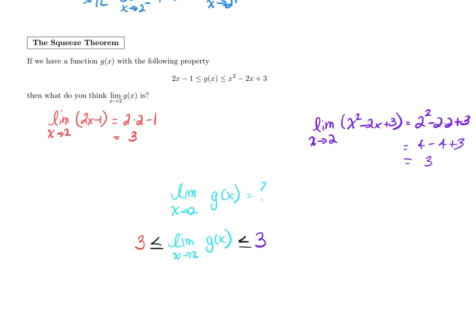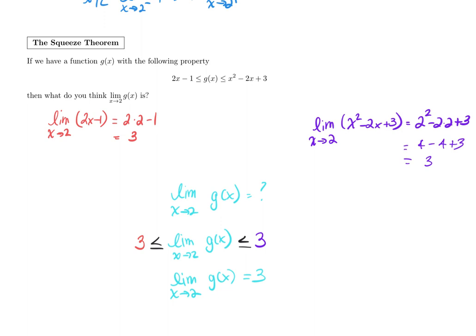So what numbers are between, say, 3 and 3? Hopefully you said it's still 3, because there is no number between 3 and 3, but they do have equals. So we're going to say that our limit as x approaches 2 of g of x has to also be 3.